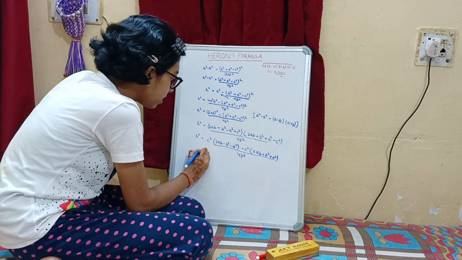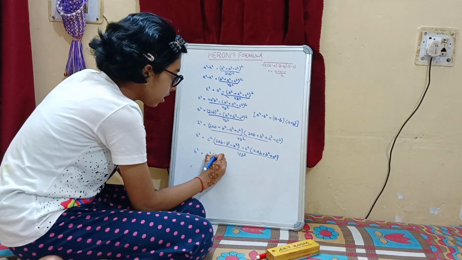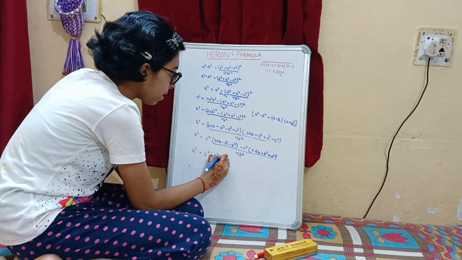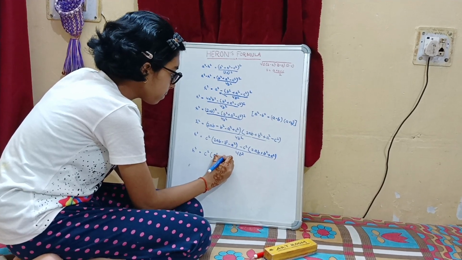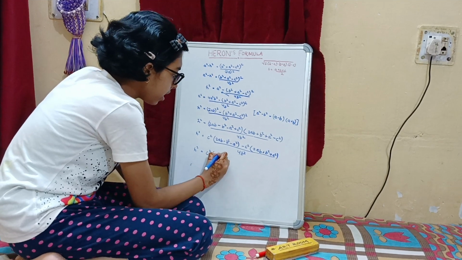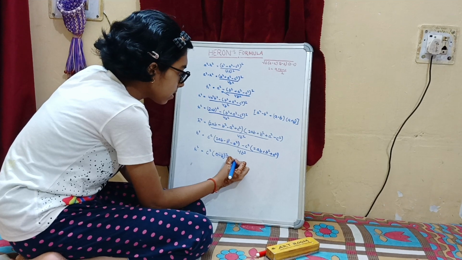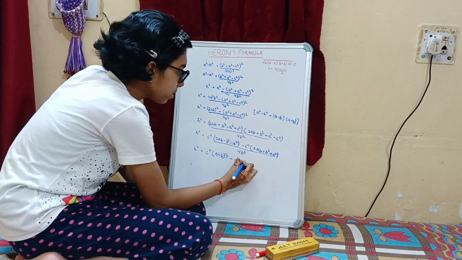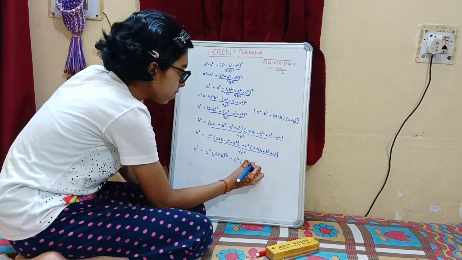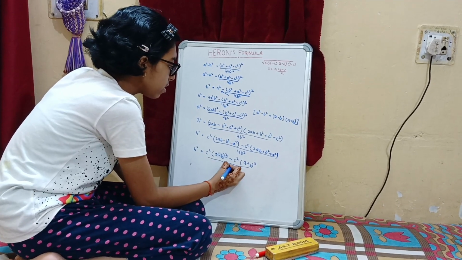So we will write h square is equal to a square minus b square, (a minus b) whole square minus c square (a plus b) whole square upon 4b square.